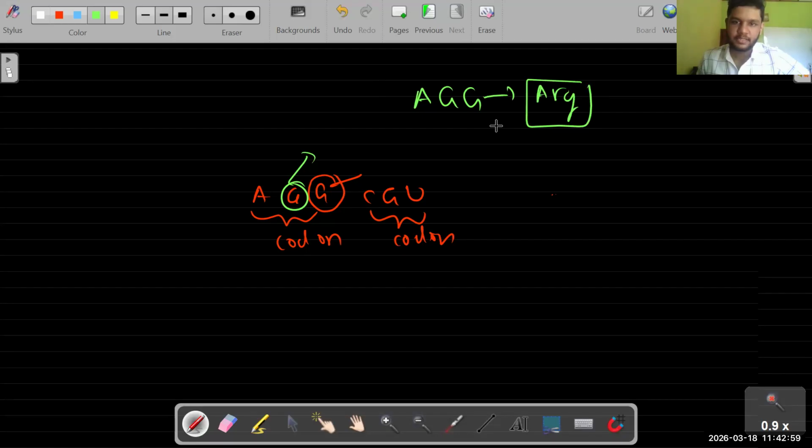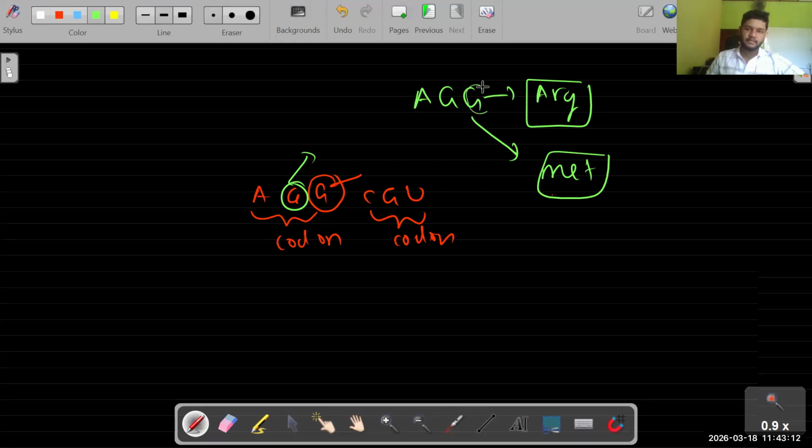ARG. Right, this is the amino acid. Now AUG, I am replacing this G with U. AUG means methionine. Right? If AGU, I'm replacing this third letter with U. What is that? AGU means SER. Right?